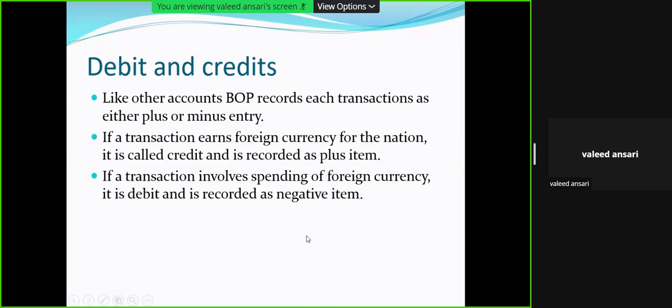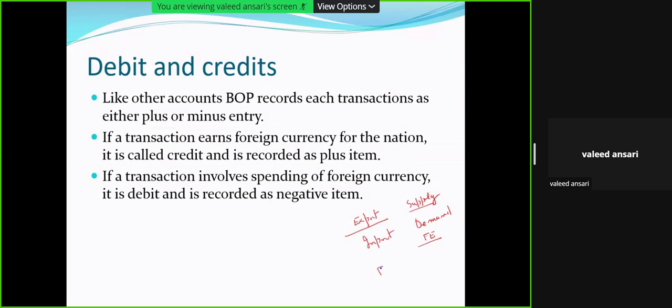For instance, export. Just let me give you an example. An export will result in supply of foreign exchange; any exporter will receive dollars or yen or other currencies. Whereas if an import is carried out, it will result in demand, because the importers will have to pay foreign exchange, whatever the denominated currency.